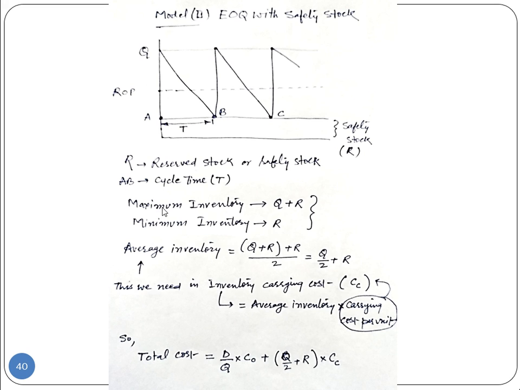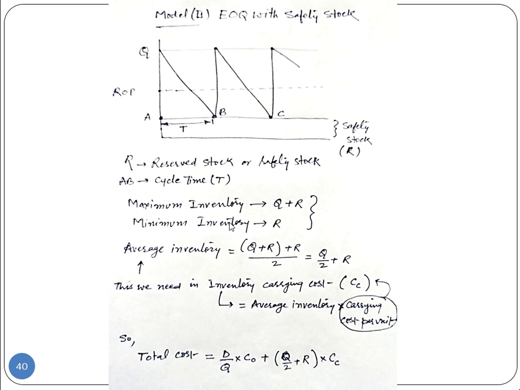This is the case. Now the maximum inventory in that case from A to this point is Q. So the maximum inventory at this position I have is Q plus R. And the minimum inventory is not 0 over here. Some inventory I always have, that is the R value we are going to write.